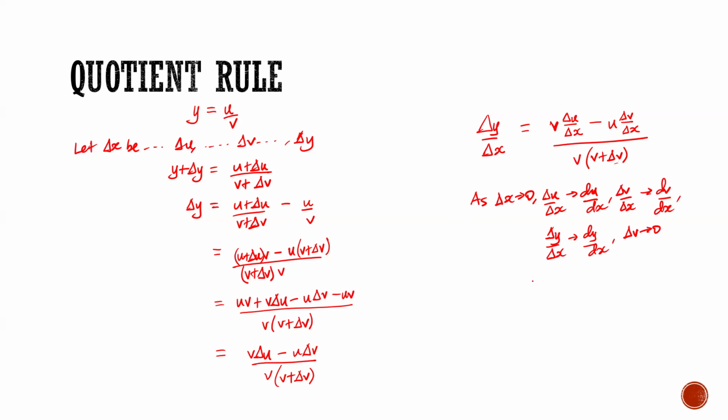And so, because of that, dy dx will be equal to v du dx minus u dv dx, but out of v squared, since our delta v is tending to 0. And this would be the expression for the gradient function of the quotient u out of v.